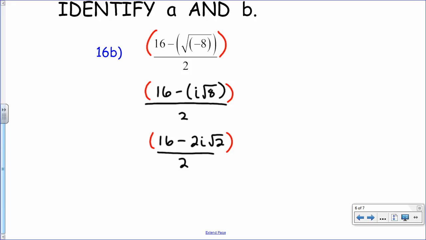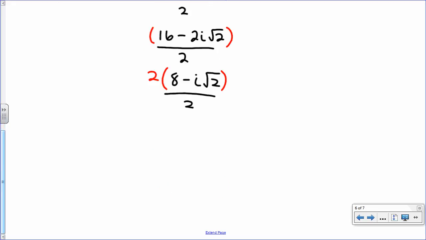I want to do that because then when it's out front, I can cancel the 2 in the denominator. So let's factor out a 2. So I get 8 minus i square root of 2. And then the 2's cancel.